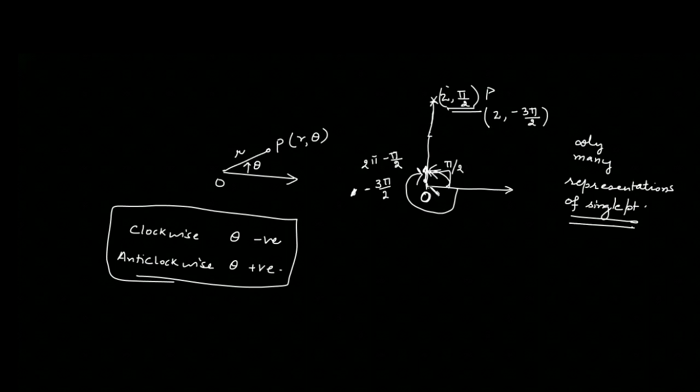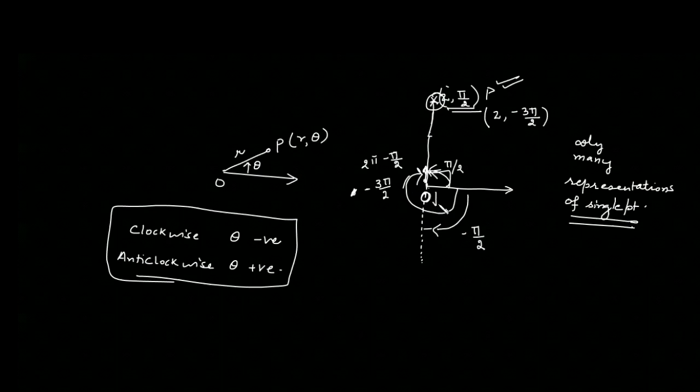So if we turn pi by 2 and cover two steps, we will reach the point P. Another way to reach this point is to turn minus 3 pi by 2 and then consider 2 steps, and you will reach the point P. Another representation is this: one can move through such an angle, and since it is clockwise, it will be minus pi by 2.